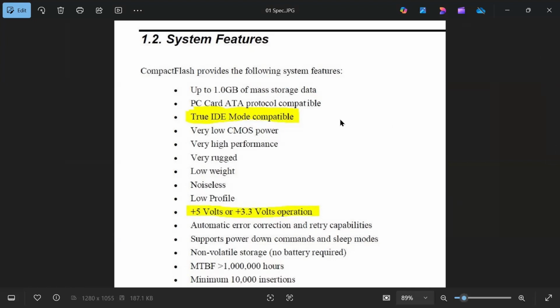we went with compact flash is because it has a true IDE compatibility mode. And that means that we can use this flash card using the same 8-bit interface that the early IDE hard drives used and the early computers used.